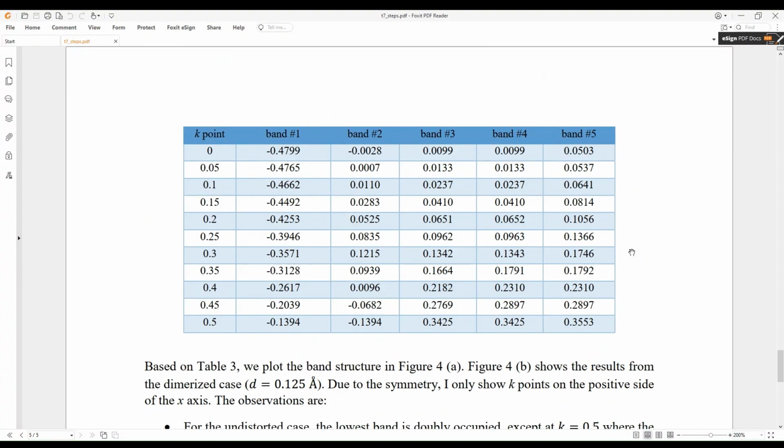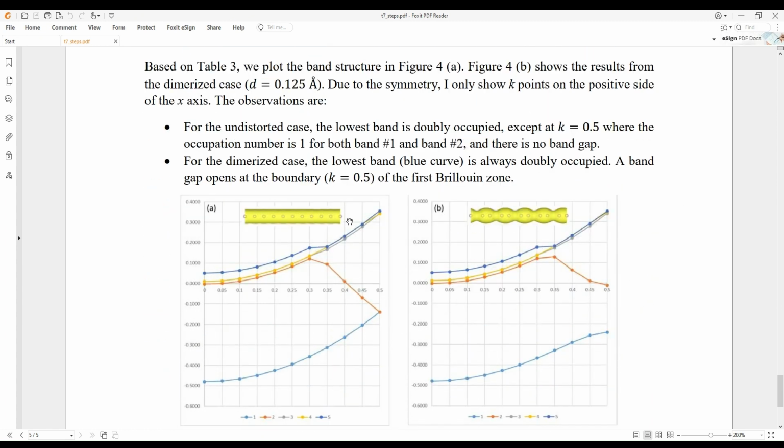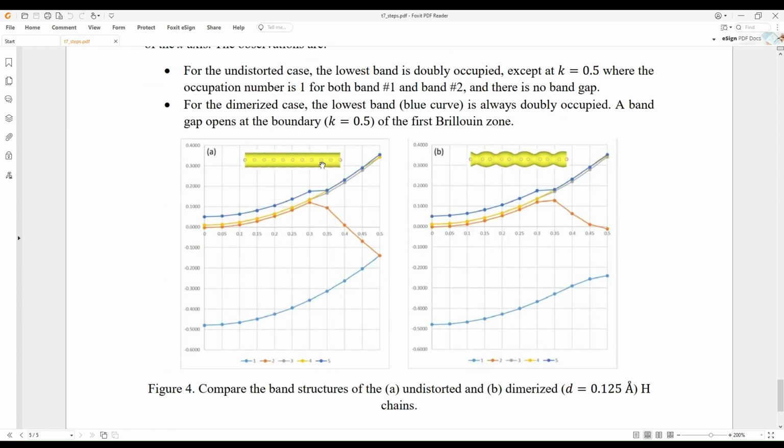Okay, so now welcome back. First I plot the band structure for this undistorted case. The plot is shown here. And the picture for this hydrogen chain looks like this. So it's an evenly distributed hydrogen chain. It's undistorted. You can see that you have a 0 band gap, which is because your lowest band meets the second lowest band at the boundary of the first Brillouin zone, which is at k equals 0.5.